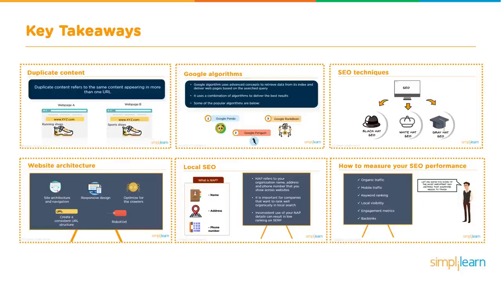We shifted gears and talked about local SEO. Local SEO is for those businesses that are targeting a specific market, whether that be a town, a locale, a municipality, a city, or a state. Remember, the benefit of local SEO is you appear above the organic search results.